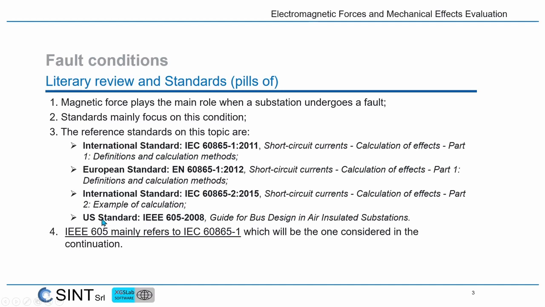And then we have the US standard, which is the IEEE 605, which is a wide guide for bus design in air insulated substation, which contains a part related specifically to electromagnetic forces and effects evaluation, which, by the way, often recalls what is exposed in the international standard itself. For this reason, in this tutorial, we will mainly focus on the IEC standard only.